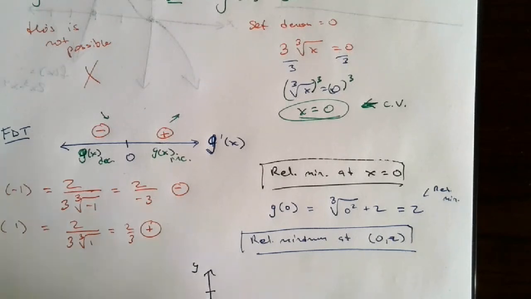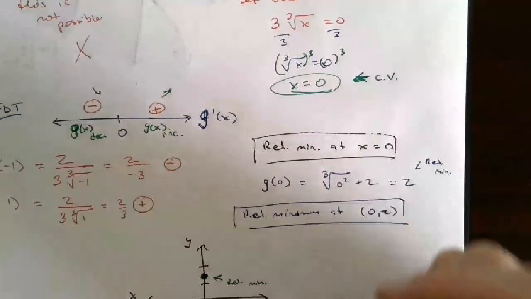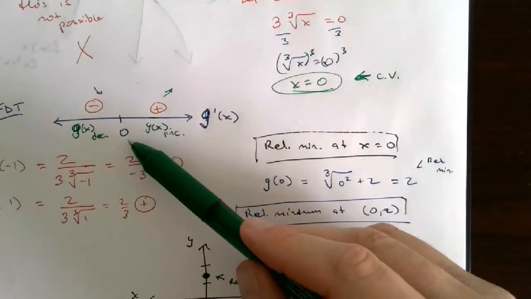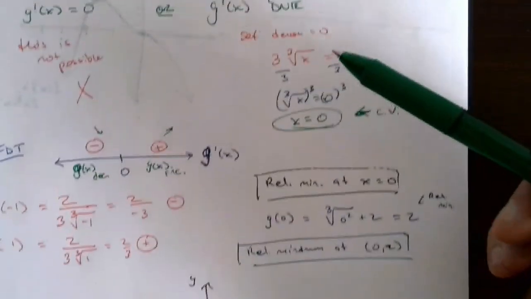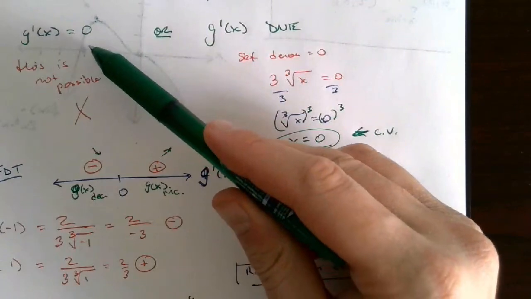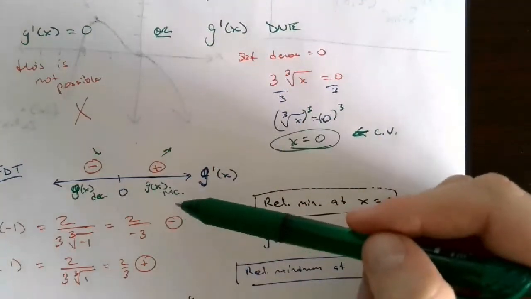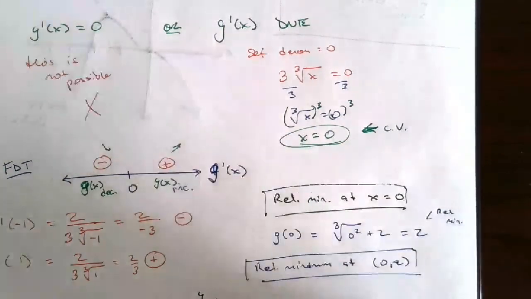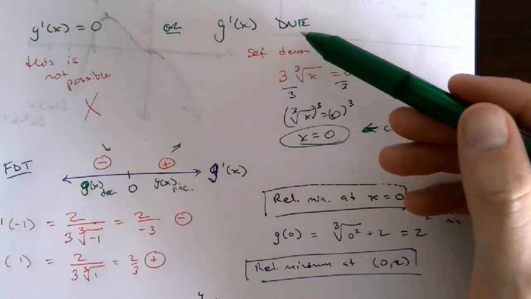But let's talk about what's happening here. And then, as we get into the next section, we'll be a little more accurate with it. But we know that at x equals 0, this is where the first derivative was undefined. So we know it's not a smooth transition from decreasing to increasing here, because it wasn't when g prime of x equals 0. So it's not a slope of 0 here. It's actually where the first derivative doesn't exist.